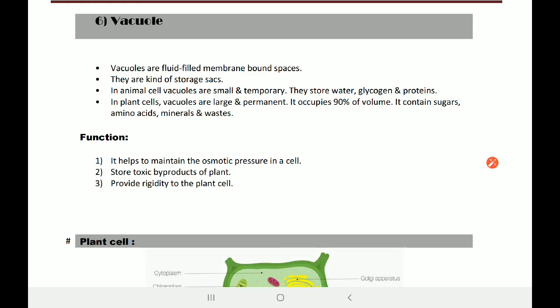So what they do is store the carbon dioxide during night time, and during daytime they use that carbon dioxide to proceed with the photosynthesis process, right? Is this clear? Getting it? So you can understand the function of the vacuole. It also provides rigidity to the plant cell. That's it.